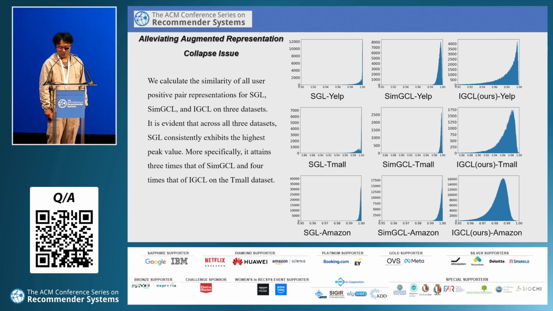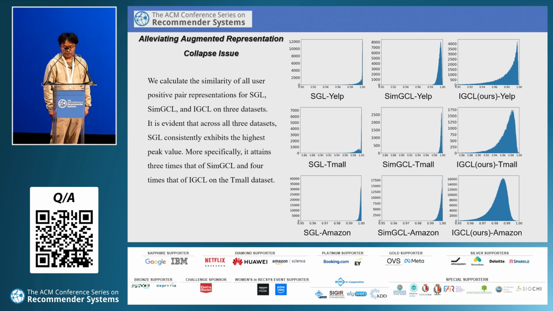More specifically, it is 3 times that of SIM-GCL and 4 times that of IGCL on the Tmall dataset. Additionally, the location of the peak value of SGL is closer to 1, especially on Yelp and the Tmall dataset, indicating a significant representation collapse phenomenon.